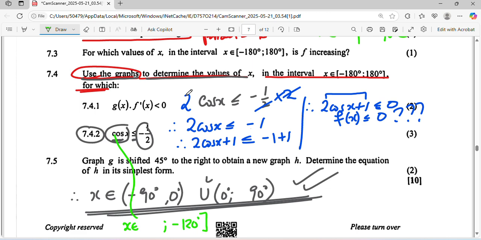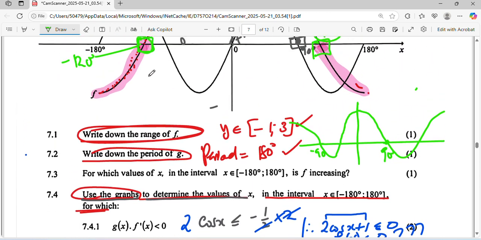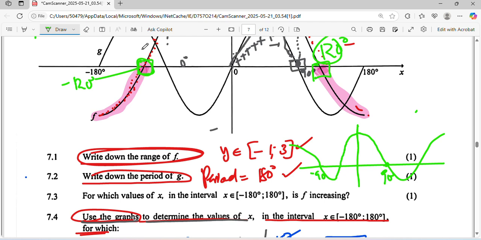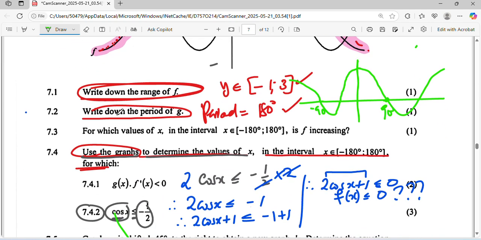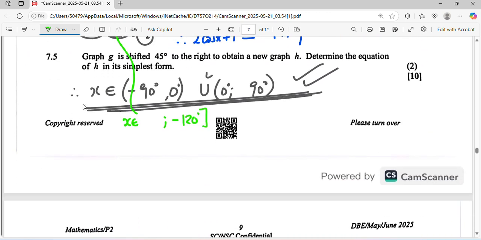Look, at minus 120 it's 0, so this will be less than or equal to 0 there. And at minus 180 it's still less than 0, so I'm going to include it because they included it. Here it's minus 180 because that's where the function starts, it's the limit of the domain.